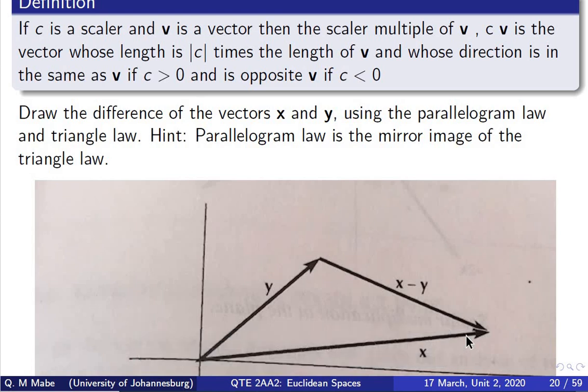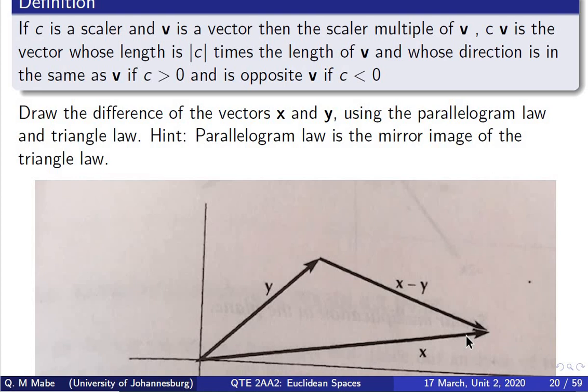So we go on to scalar multiplication of vectors, and it is defined as follows. If C is a scalar and V is a vector, then the scalar multiple of V, say CV, is the vector whose length is C times the length of V, and whose direction is the same as the direction of V, right?